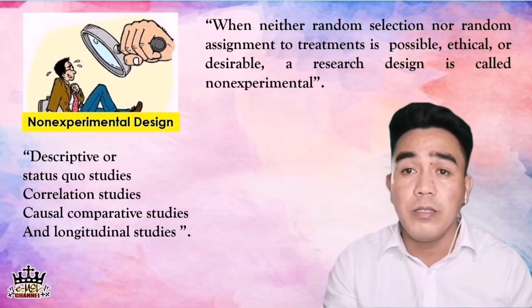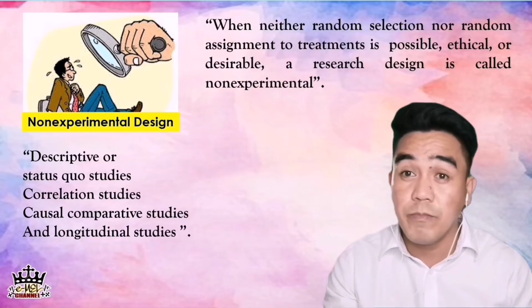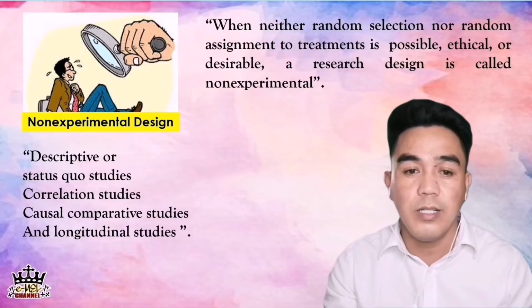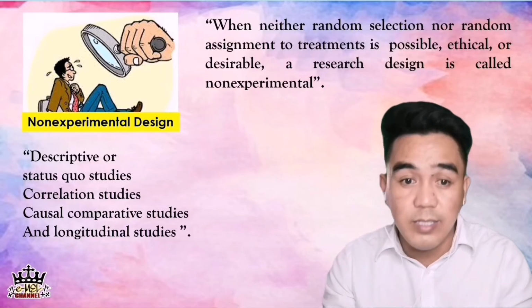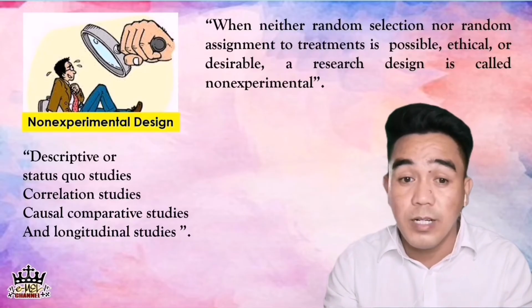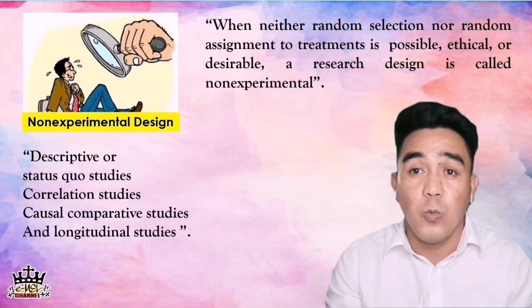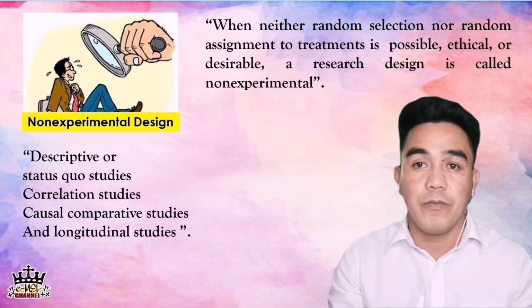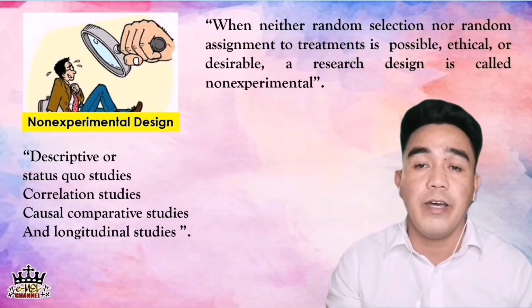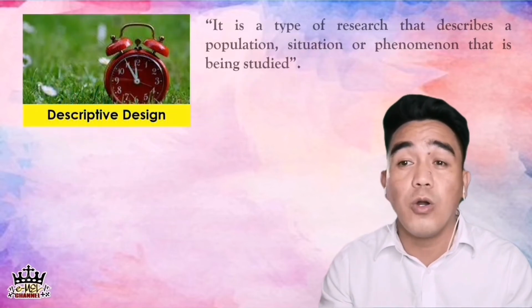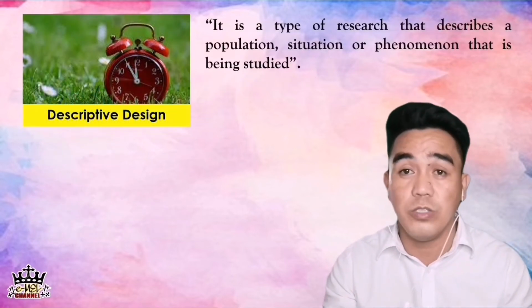Examples of non-experimental are the following: descriptive or status quo studies, correlation studies, causal comparative studies, and longitudinal studies, which will be discussed after. Let's go with number 7, descriptive design, or also known as status quo research.